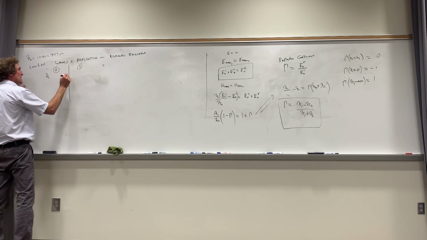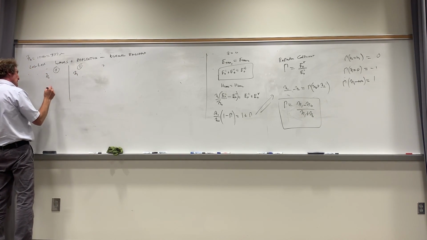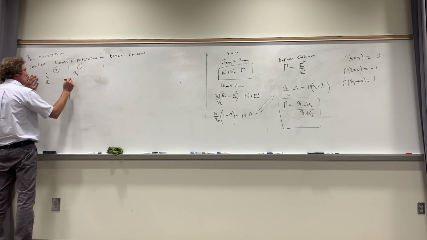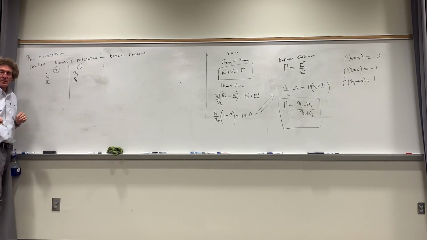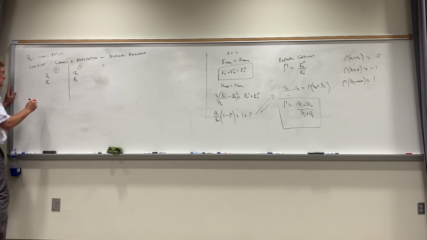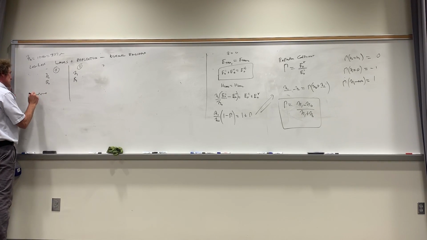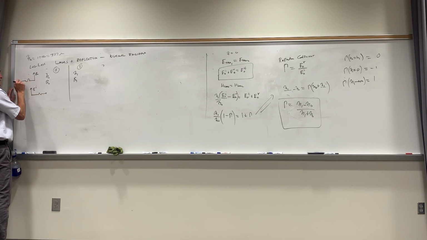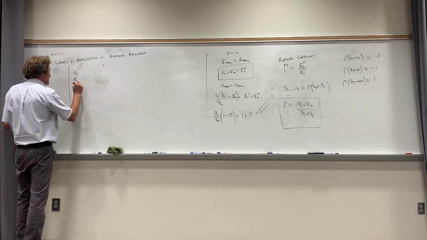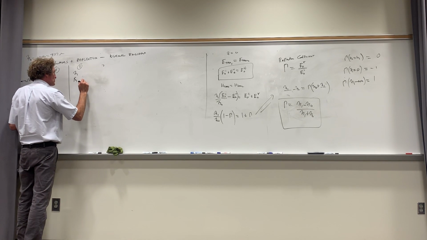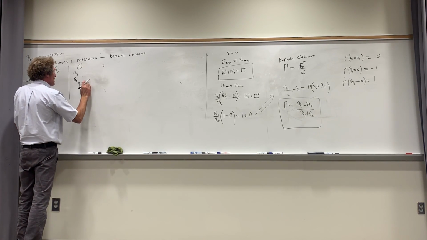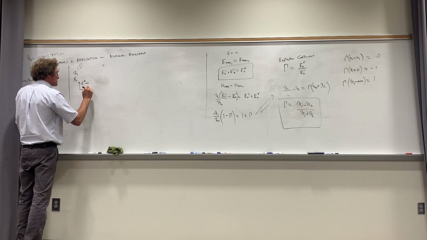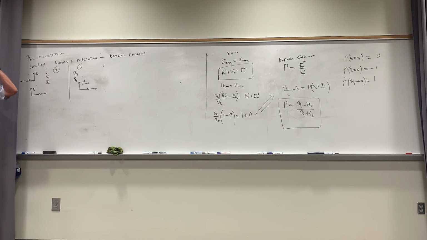I had eta naught here, I had eta 1 here, I had beta naught here, I had beta 1 here. Now, I assume I have an incident field in this direction, and I have a reflected field going in this direction, and I have a transmitted field going in this direction. And I want the power, right?